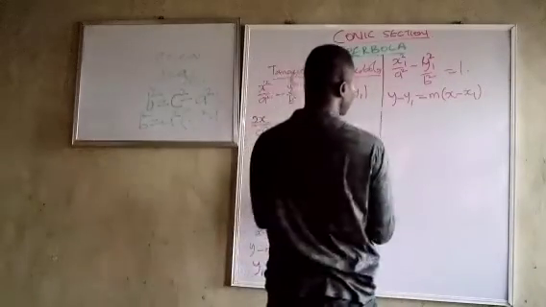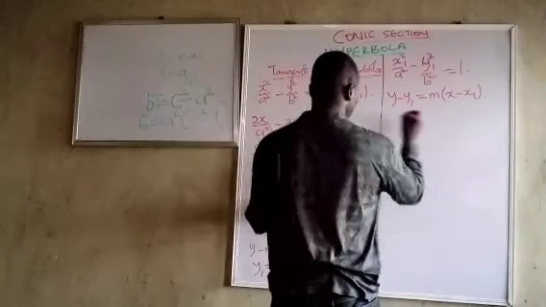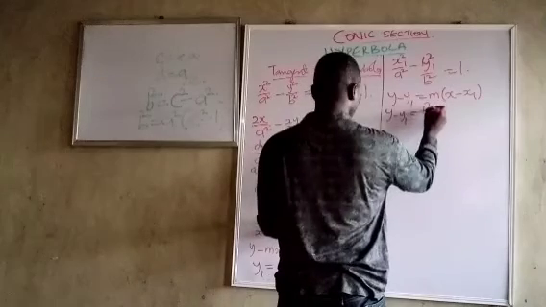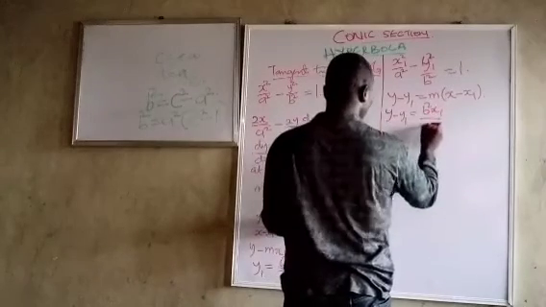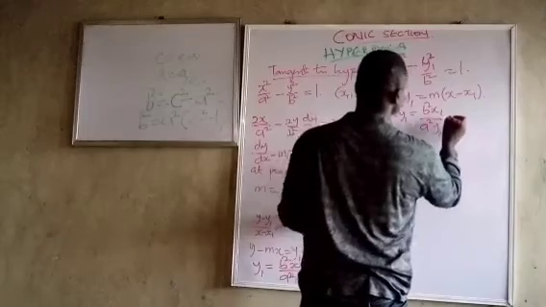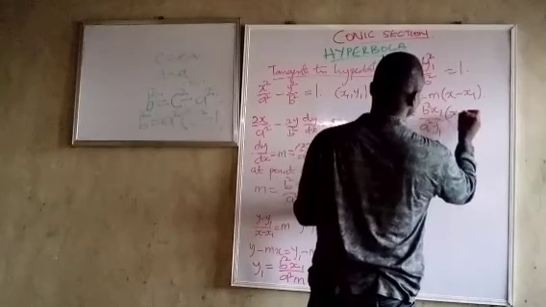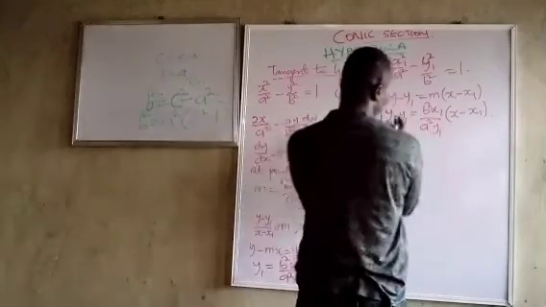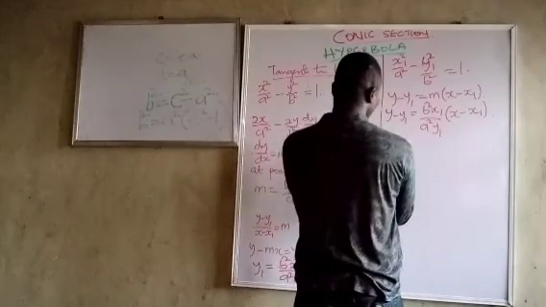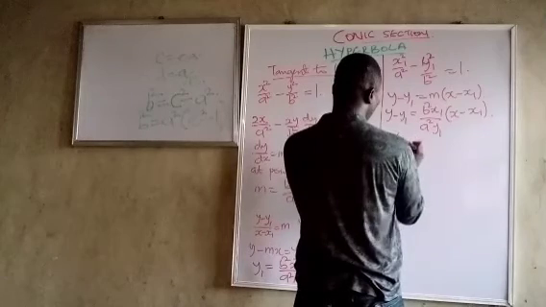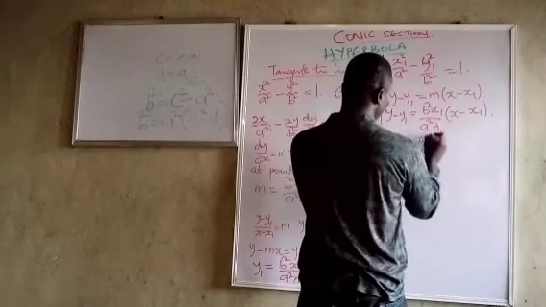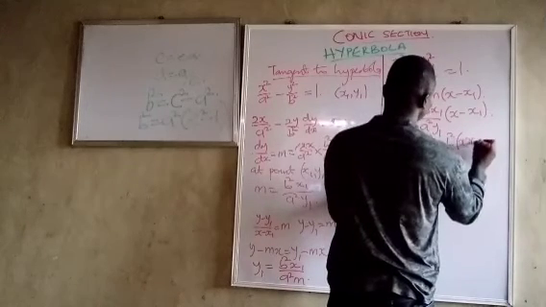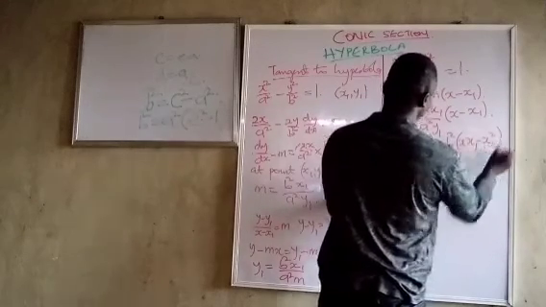So, straight away, I know what m is. So, y minus y1 is equal to b squared x1 over a squared y1 into x minus x1. So let me multiply this through. It is going to give me a squared y1 into y minus y1 squared is equal to b squared x1 into x minus x1 squared.